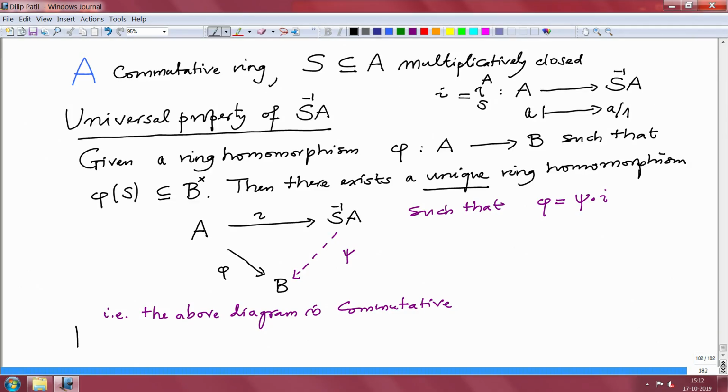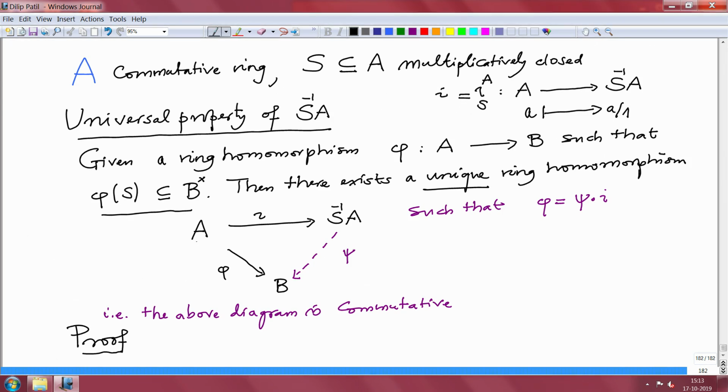Alright, so now this proof is very easy. So let me indicate the proof. We want to define psi from this S inverse A to B, and we have been given a very important property, that the image of S under phi consists of units.